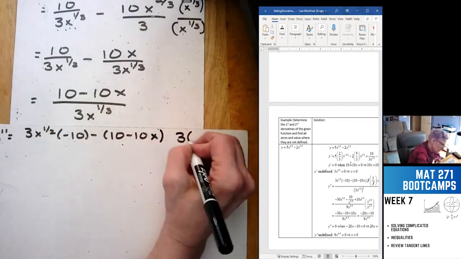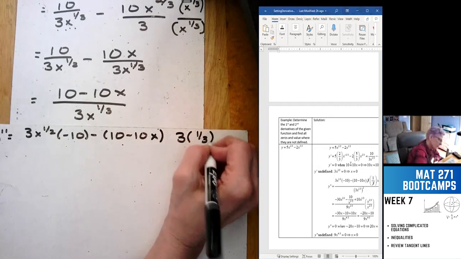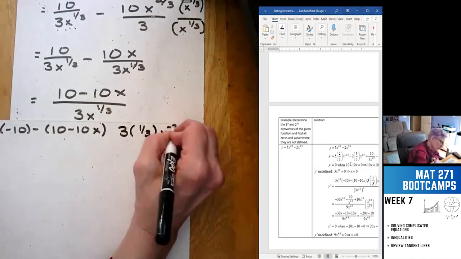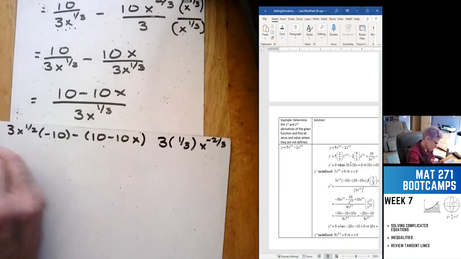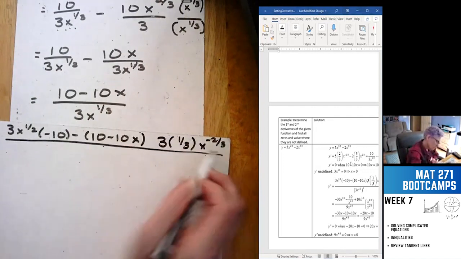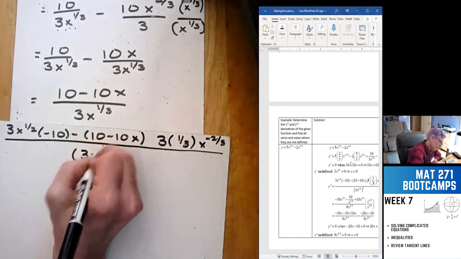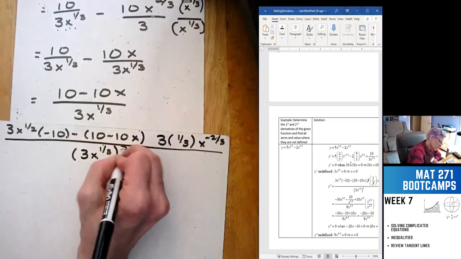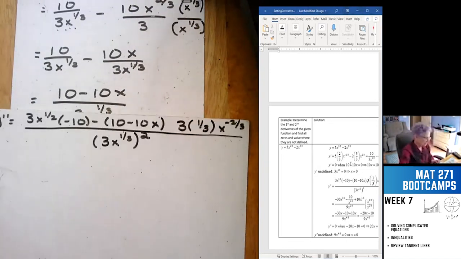So 3 times 1/3 falls down, x to the minus 2/3, all over 3x to the 1/3 squared.